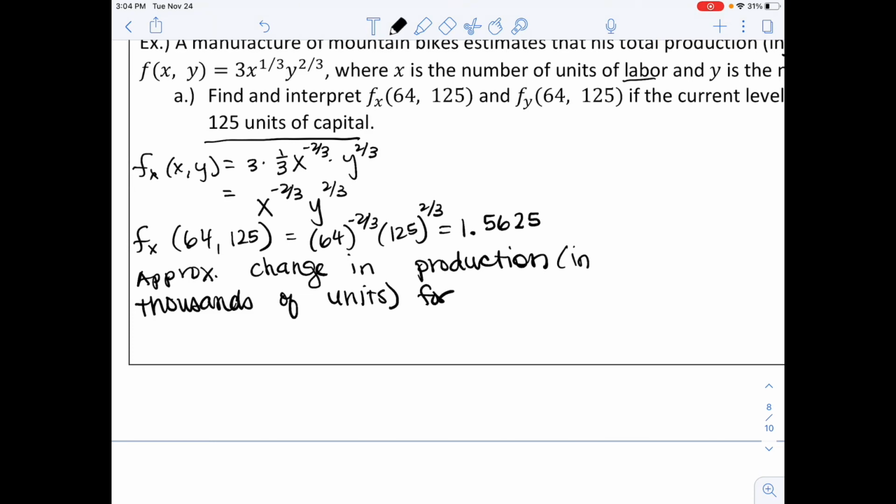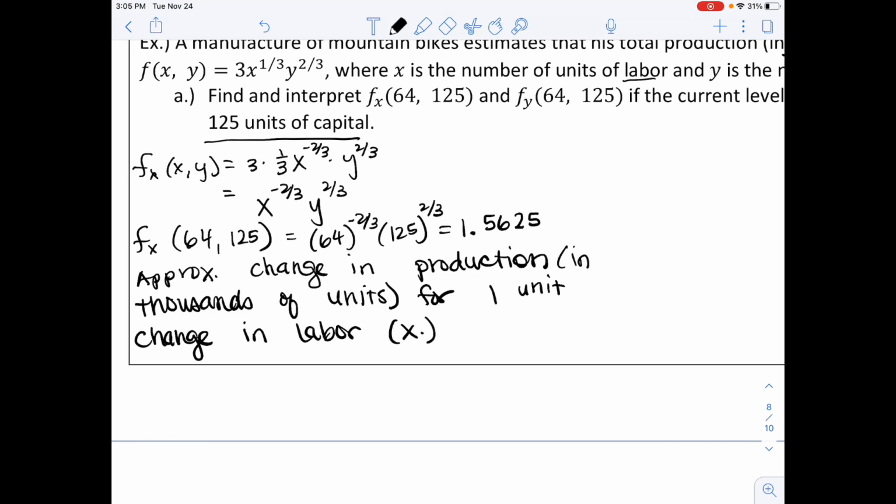And when we took our derivative, we took it with respect to x. And if you remember, x is the number of units of labor. So this would be for 1 unit change in labor, which again is our x variable that we'll write down.